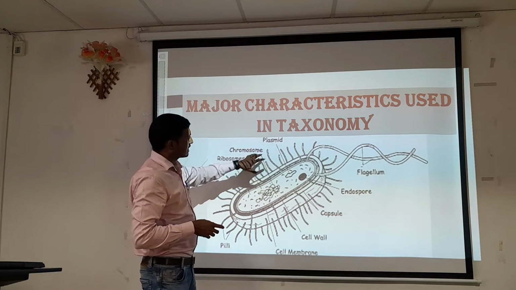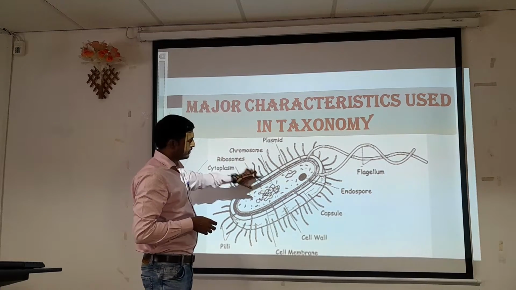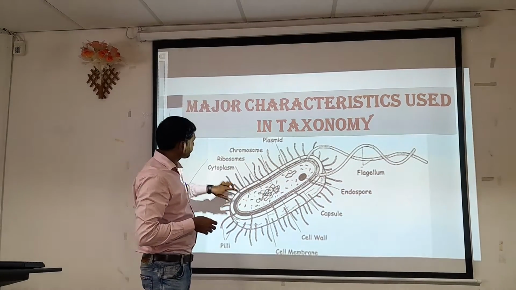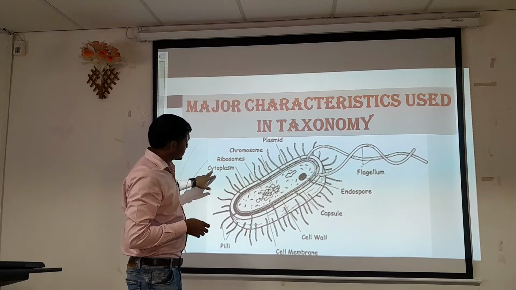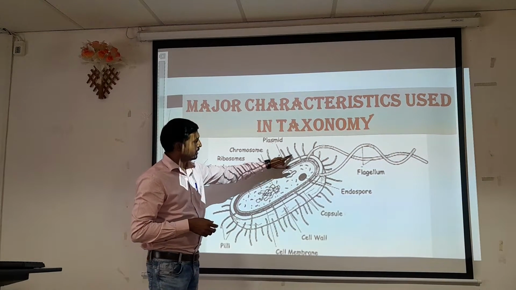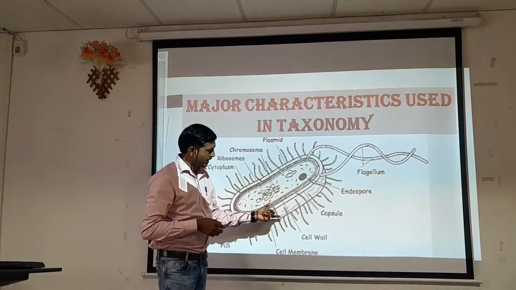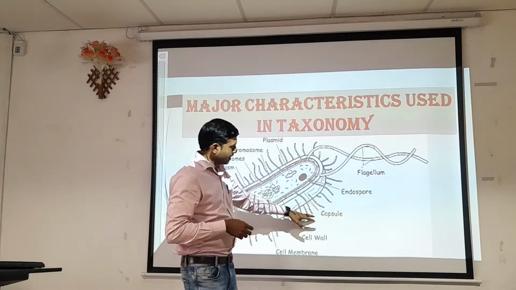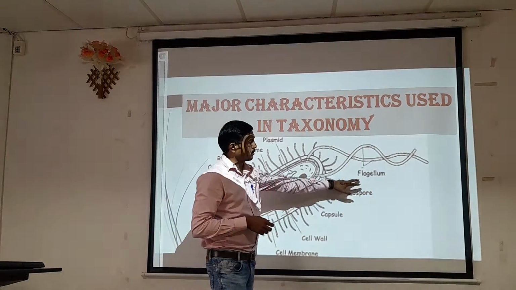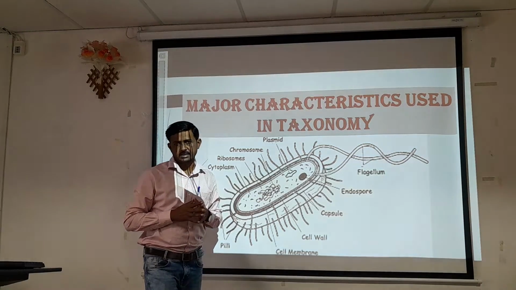Here the nomenclature: plasmid; chromosome, the genetic material of the bacterial cell; ribosomes; cytoplasm; pili, the small hair-like appendages; cell wall, the outermost membrane; capsule, endospore, and flagellum. It is a typical bacterial cell diagram.